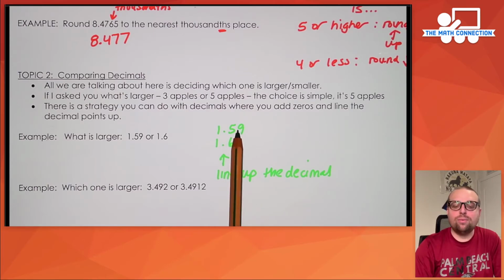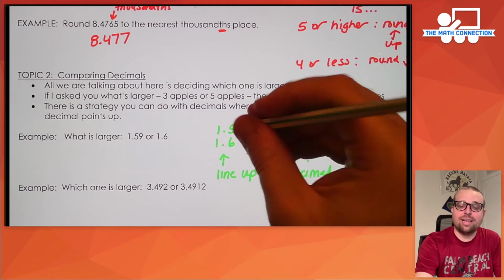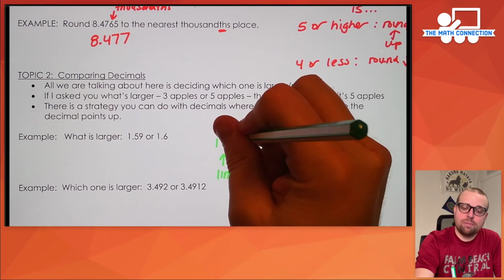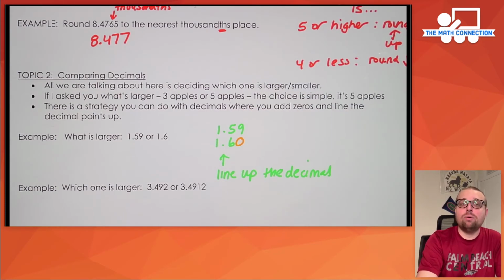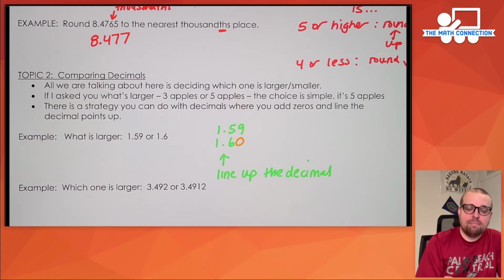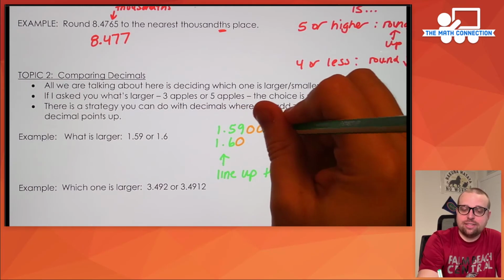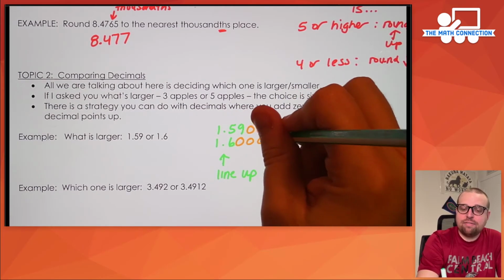Now you can see in 1.59 we have one additional digit here that we don't have in the second number. And so in the second number, I'm going to insert a 0 like a placeholder. That 0 is actually there, okay? In math, there are actually things called significant digits and significant figures.